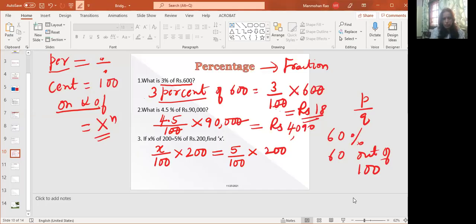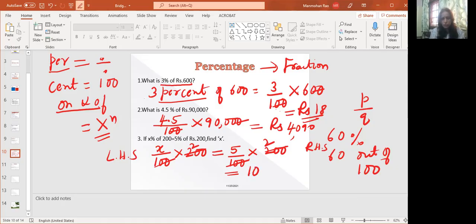I hope you know how to do that. 100 ones are 100, 100 twos are 200. So here also 100 ones are 100, 100 twos are... 5 into 2 on the right hand side. Right hand side we generally call RHS and left hand side is LHS. So 5 twos are 10. In the right hand side we have 10.